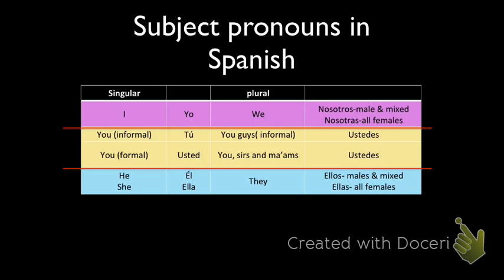The person you're talking to or the person that's listening is in amarillo. So you have either tú or usted, if you want to show formality. If you're talking to a group of people, you're going to use ustedes. And our third group, called the third person, is the person we're talking about. That's él or ella, if you're talking about one person, and ellos or ellas, if you're talking about a group of people.